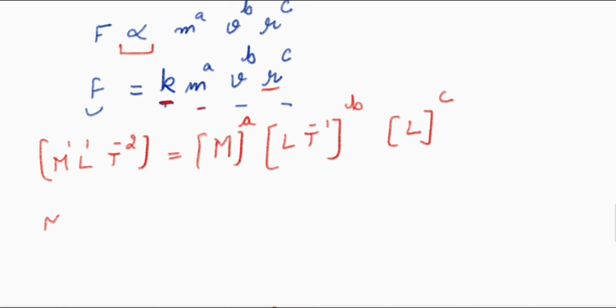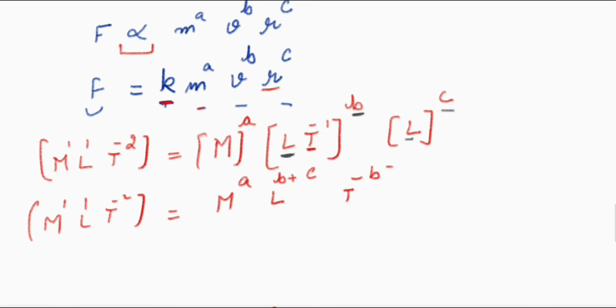So we can write this as M as it is, M raised to power a, L raised to power b and L raised to power c, so L raised to power b plus c, and T raised to power minus b.